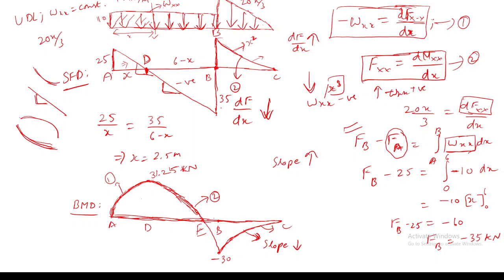Yes, sir. If we have any point load or concentrated moment in between the points which we consider, then we can't use this. Yes, then you can't use this. For example, at point B, if you are having a concentrated moment, you can't use this formula, but up to this section you can use the formula.